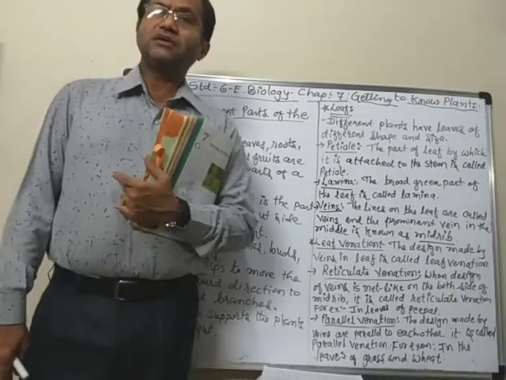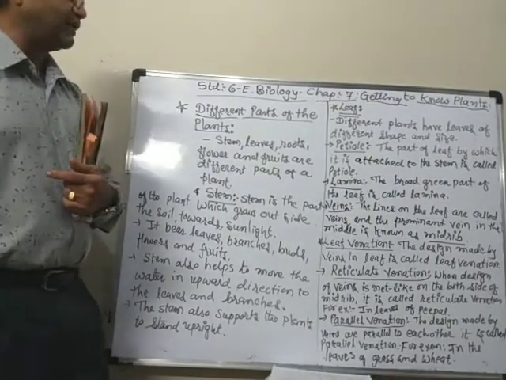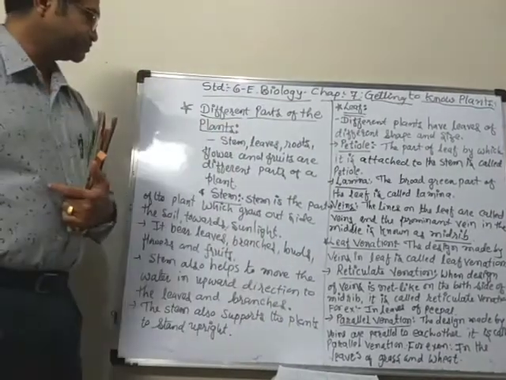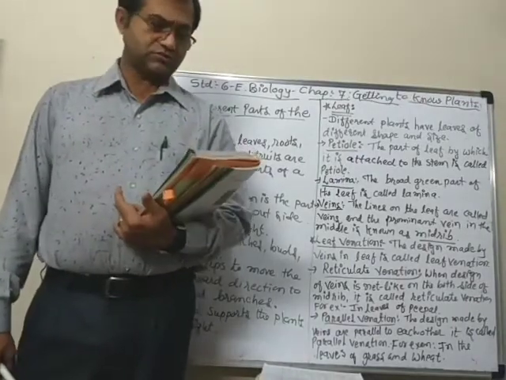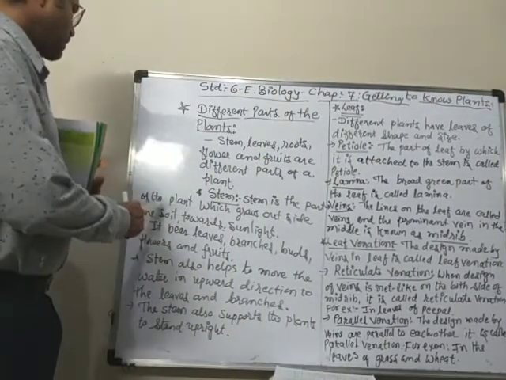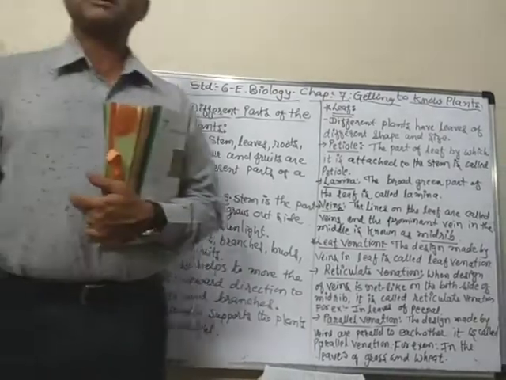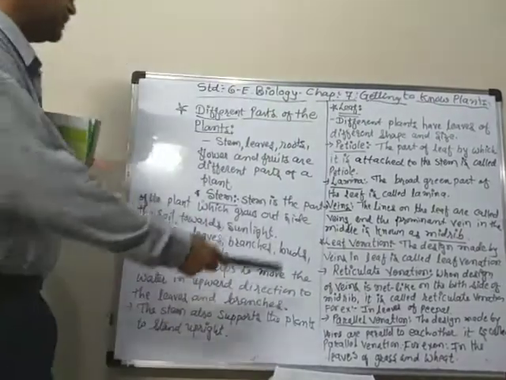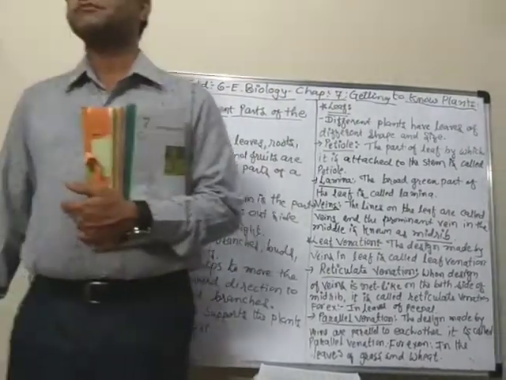Now we will talk about the different parts one by one. We will start with the stem now. You know that the stem is the main part which grows outside, means it does not grow inside the soil, but it grows outside the soil toward the sunlight.